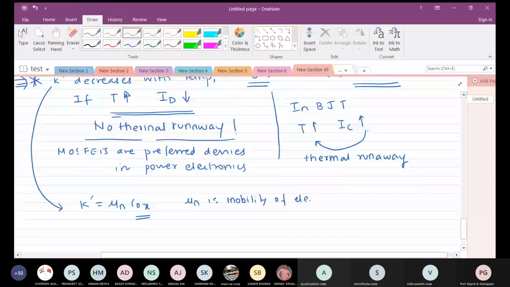And this mobility of electrons decreases when temperature increases. So K dash depends on temperature because of the mobility factor. Have all of you understood this? Any doubts, any questions so far?